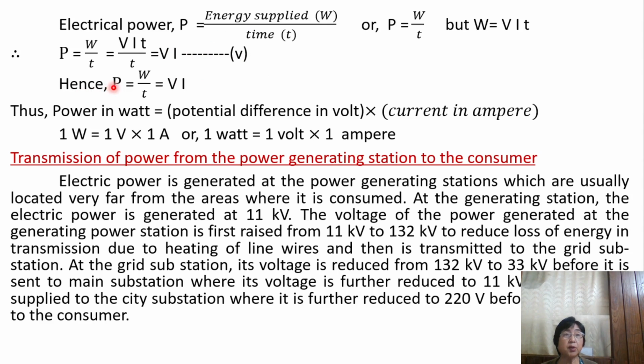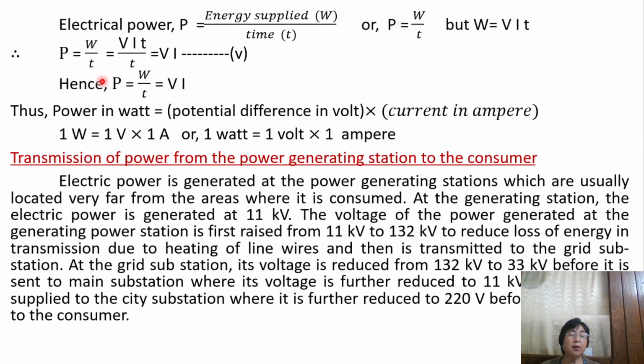Hence, electrical power P is equal to W by T, so W by T is equal to V into I. With the help of these relations, we can find out how much is the electrical power of the source. Thus, power in watt is equal to potential difference in volt into current in ampere.